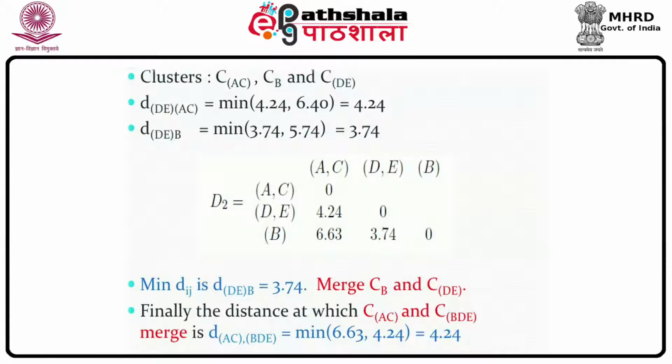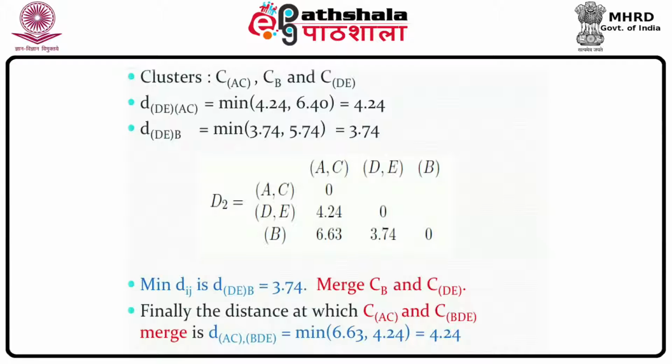So the distance between DE and AC turns out to be 4.24 and the distance between DE and B turns out to be 3.74. We have already calculated the distance between B and AC, which is 6.63. We put this in a table and find the minimum value to be 3.74, which corresponds to the clusters CDE and CB. So we merge these two clusters.